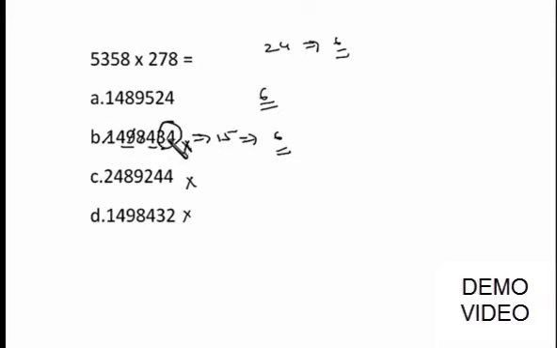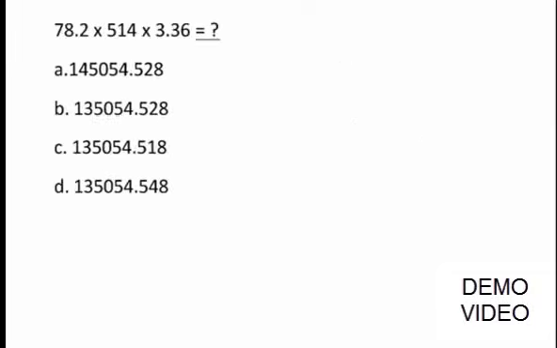What we did over here is we observed that if both the numbers are multiples of 2, that means their product should be a multiple of 4, and this option B is not a multiple of 4, just by looking at the last two digits, that is 34, which is not a multiple of 4. Okay, so we got the right answer as option A.